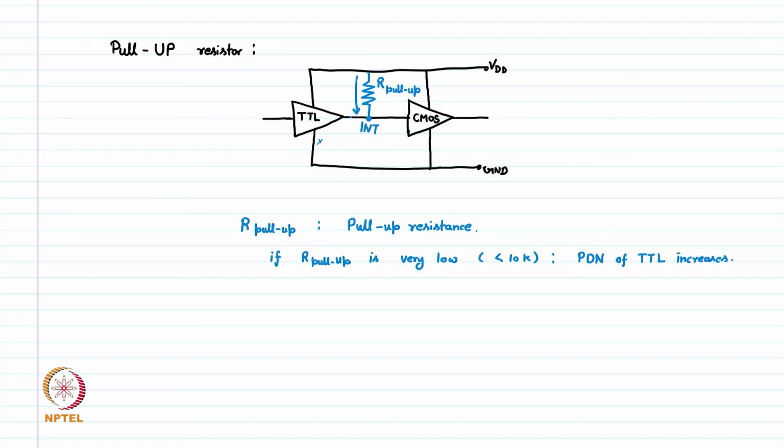The pull down network of TTL should be strong enough so that this INT node can be pulled down, because R pull up is very low, less than 10k.